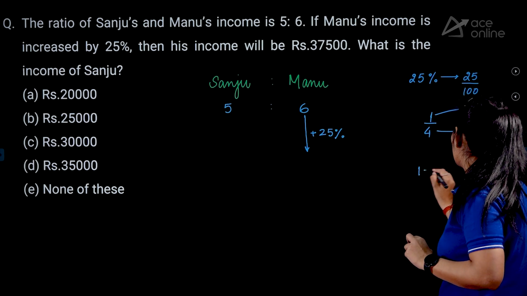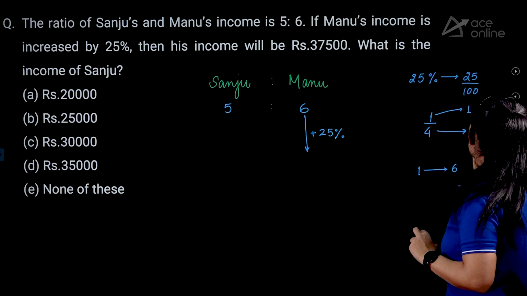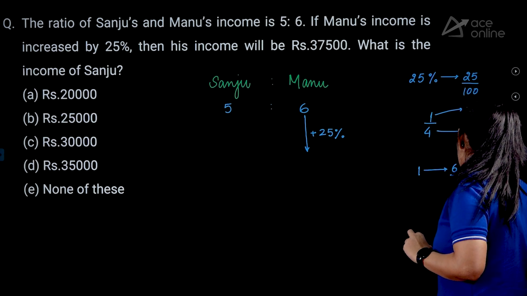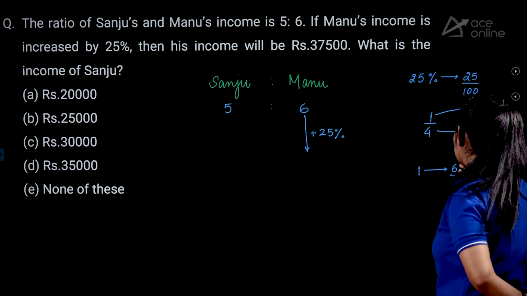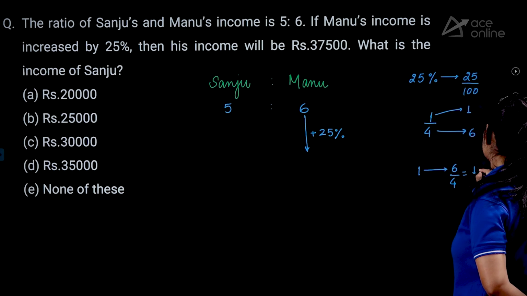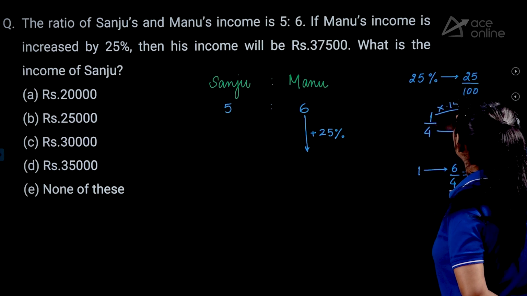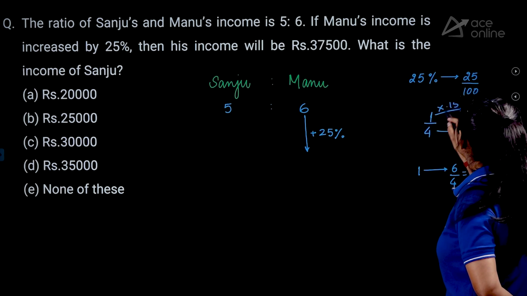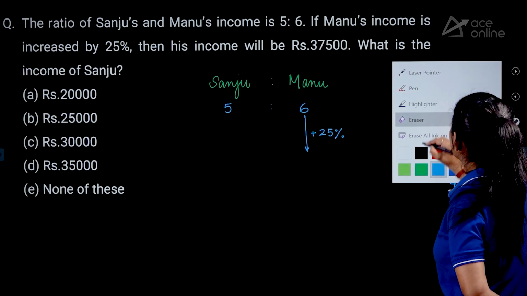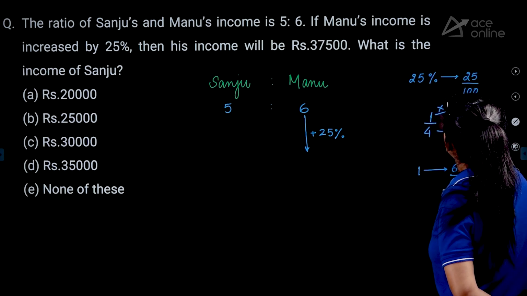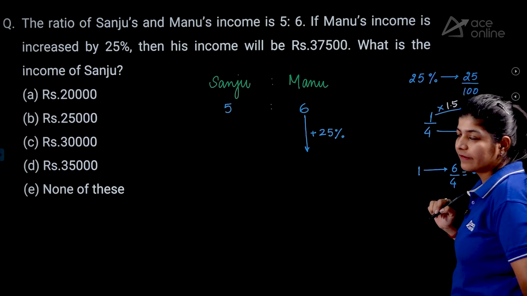So we can say that 1 is equal to 6 by 4. And here we find that the value is 1.5. So we just simply multiply it by 1.5, and here we are getting 1.5, right?